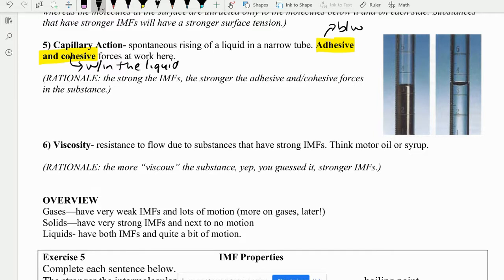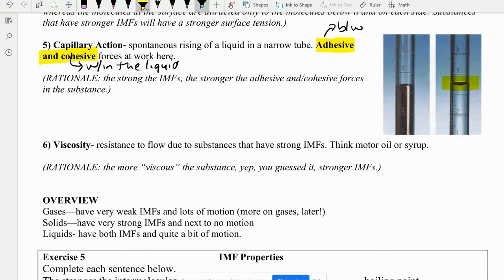And so what happens here is if you introduce a liquid into a small narrow tube, and let's say that tube, like in this picture over here, is made of glass, of course you have to expect that the substance inside the tube might have some effect with the glass itself. That would again be the adhesive forces. And so what we find here, if you look at the image on the right, is a common meniscus.